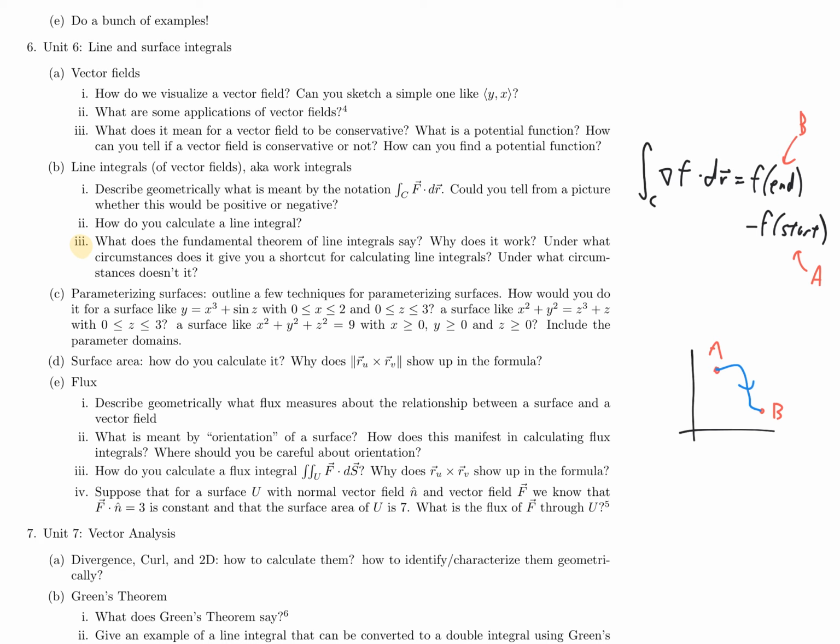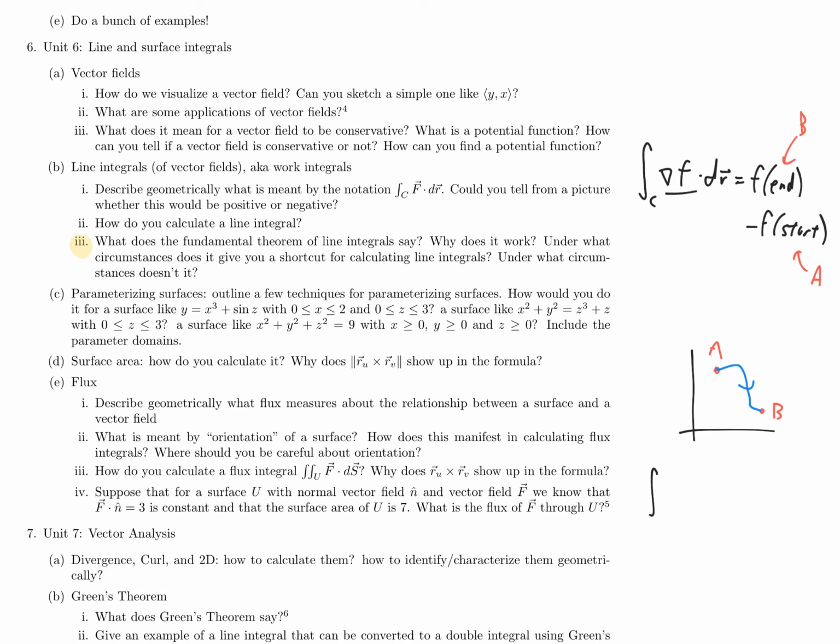Now the question here says, under what circumstances does it give you a shortcut and when does it not? For some line integrals, this seems like a really easy way of calculating it. But there's a situation in which it doesn't apply. Not every line integral can be simplified using the fundamental theorem of line integrals. In particular, this gradient of f is important.